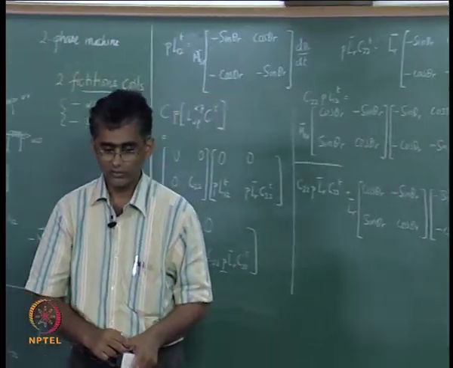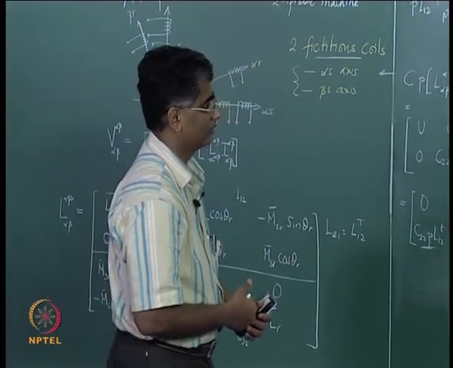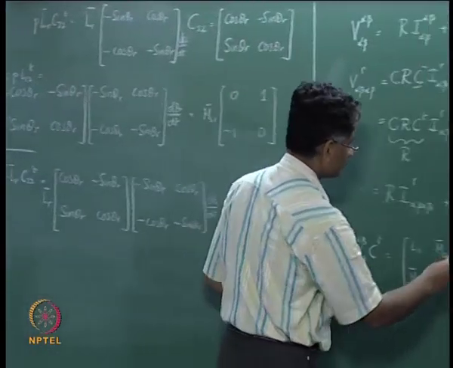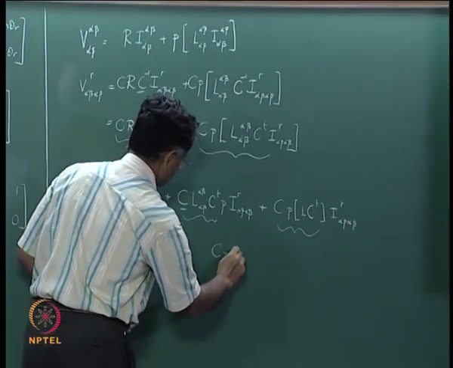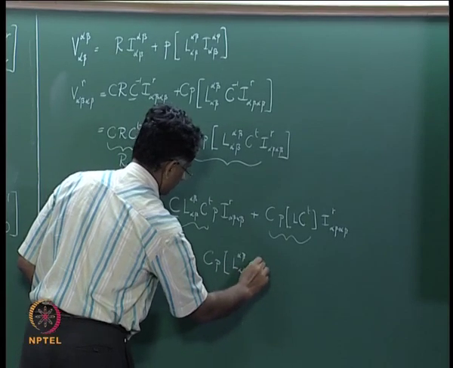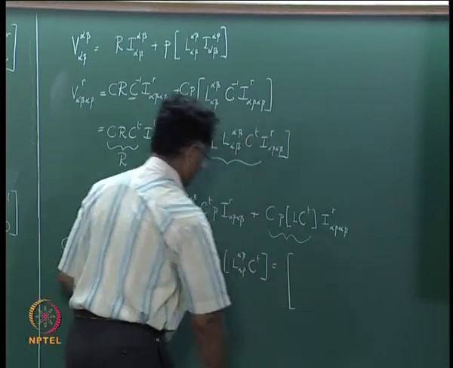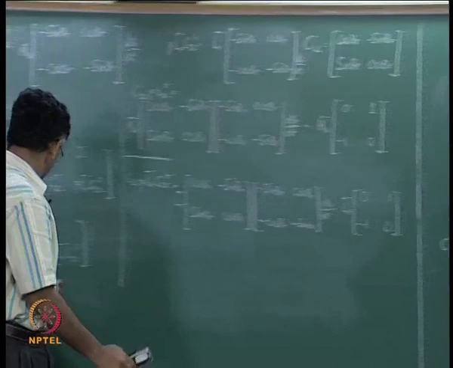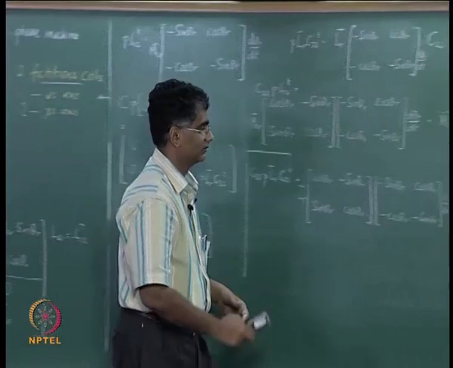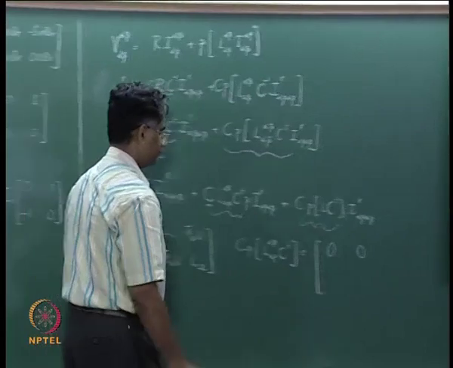So, we have now evaluated all the sub matrices and we need to put them together to see what it looks like. So, let us do that assembly here. You have C P L alpha beta into C transpose is what you are going to have, and this is, if you see, the first two entries are 0 matrices. So, you have 0 here and 0 here.